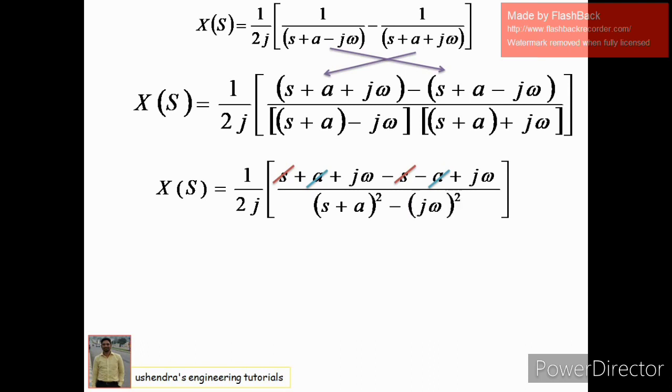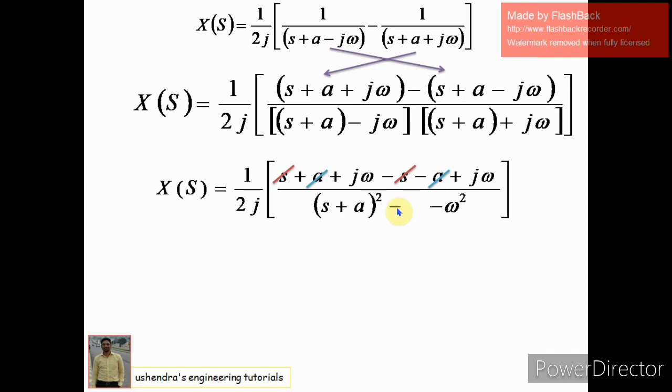Another important point to remember: in the denominator we have (minus j omega) whole squared, and the square applies to j squared, which results in minus 1, so the transformation is this.